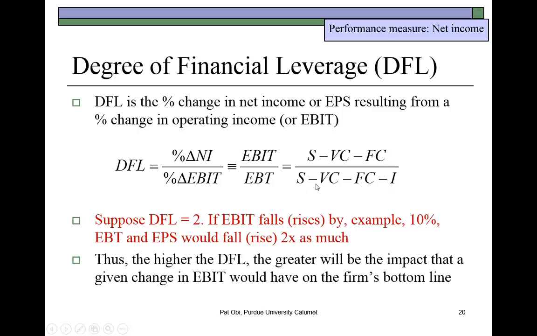So that essentially would be your earnings before taxes. So this ratio calculates your degree of financial leverage, which is interpreted in this manner. It's going to tell you again by how much your net income will change for a given change in your earnings before interest and taxes.